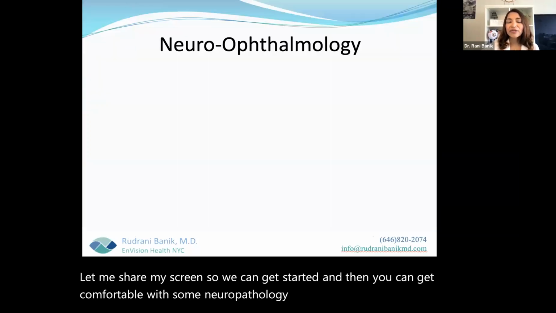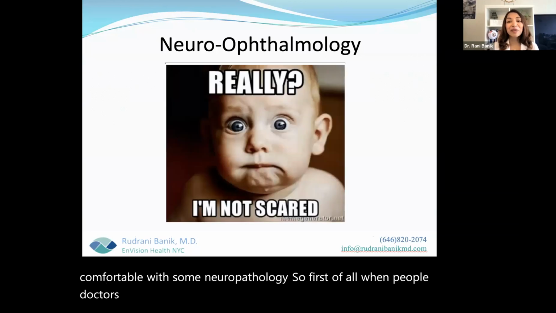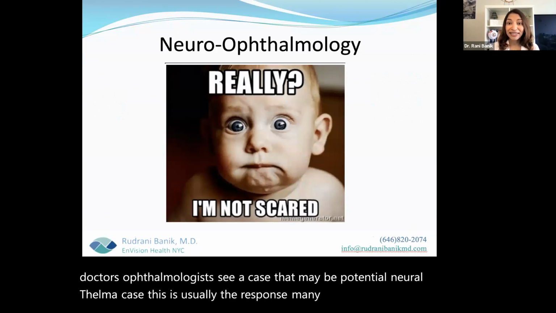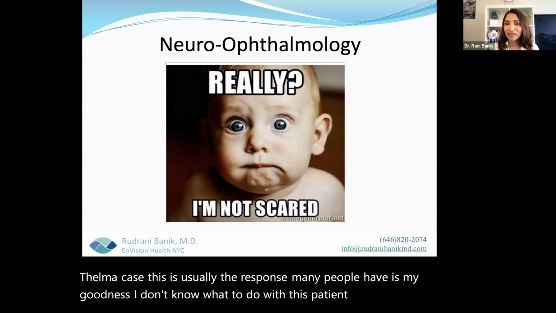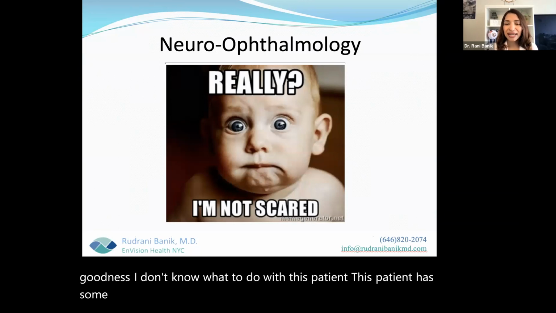So first of all, when ophthalmologists see a case that may be a potential neuro-ophthalmic case, this is usually the response many people have: oh my goodness, I don't know what to do with this patient. This patient has some really suspicious symptoms or signs, and maybe there's something serious going on. What do I do?